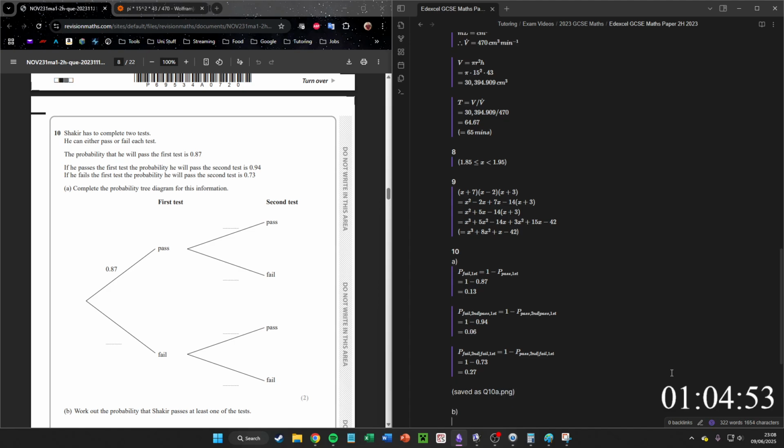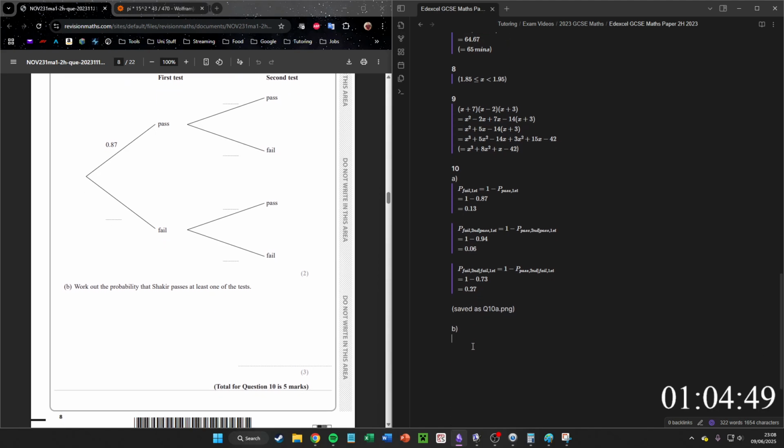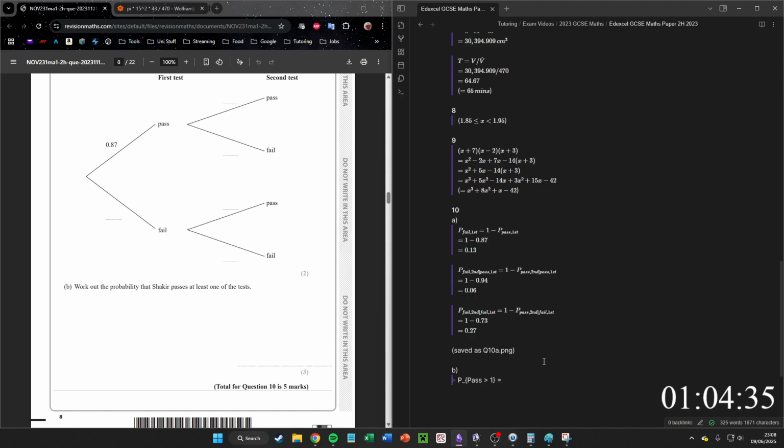Okay. Work out the probability that Shakir passes at least one of the tests. So probability of passing at least one, with a subscript, is equal to the probability that he passes both.